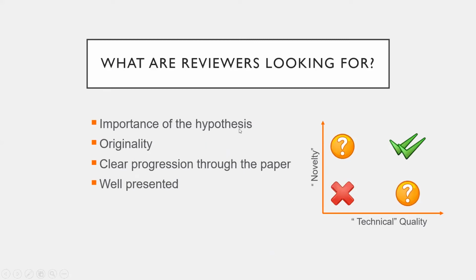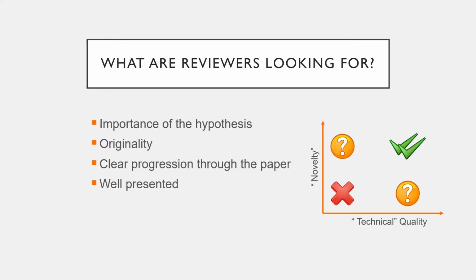Okay, so we also need to understand what reviewers are looking for in the paper. If you have an empirical paper with hypotheses, the hypotheses in your paper are important. And the most important part is originality. Your paper should be original, and it should not have been done before in any other paper in your field. At the same time, there should be a clear progression through the paper, and the paper should be well presented.